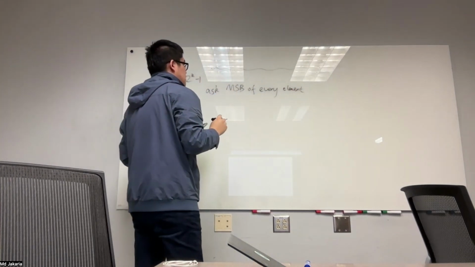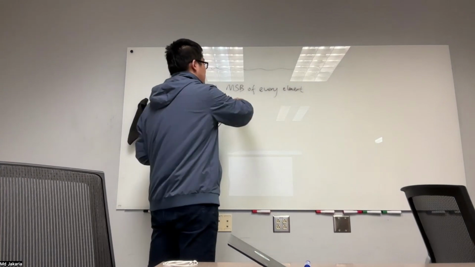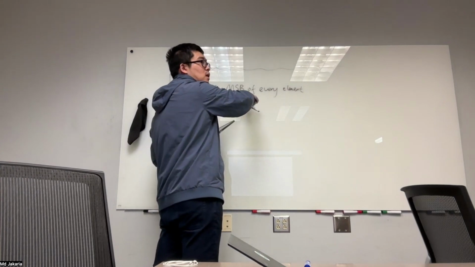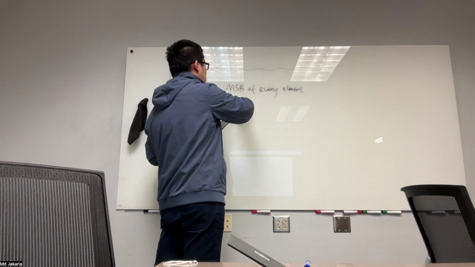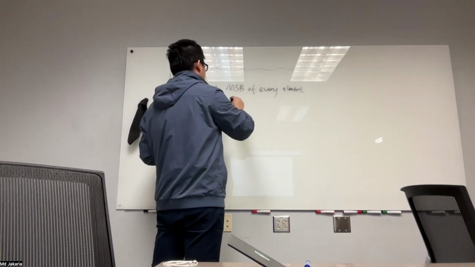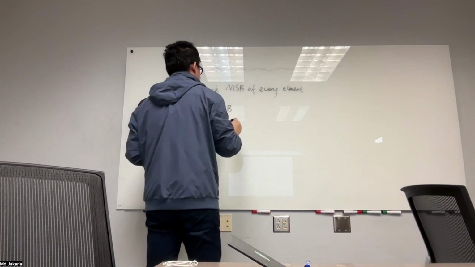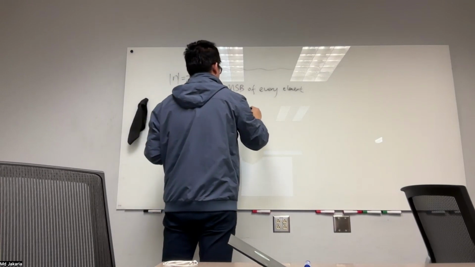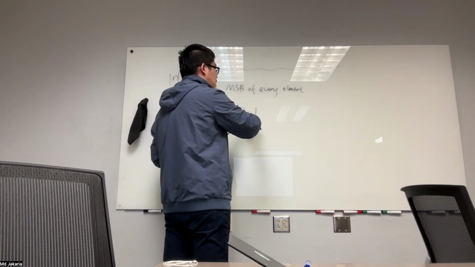If no number is missing, they should have the same number of zeros and ones. But since one is missing, one of 0 and 1 should have one more element than the other.